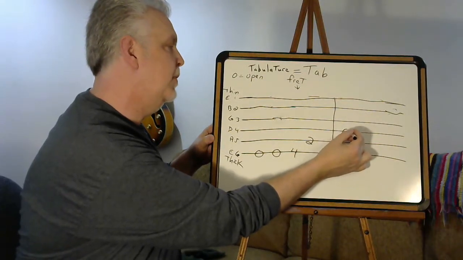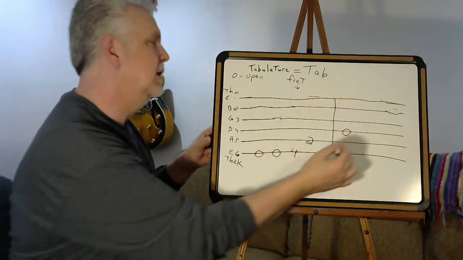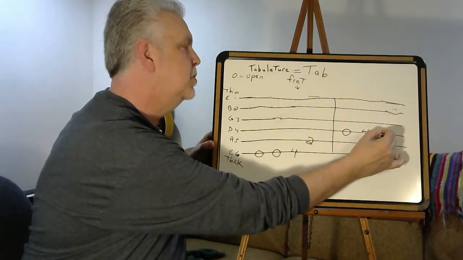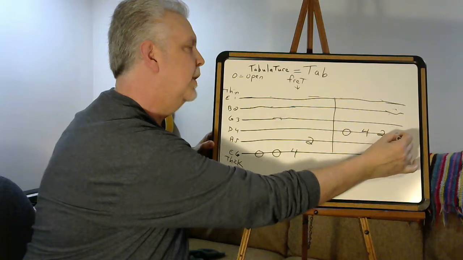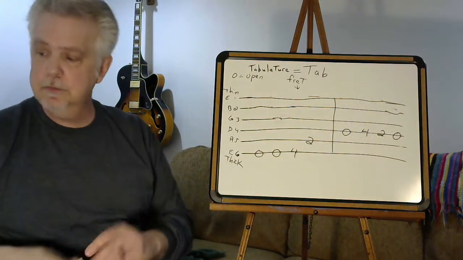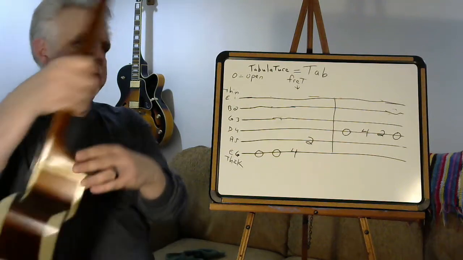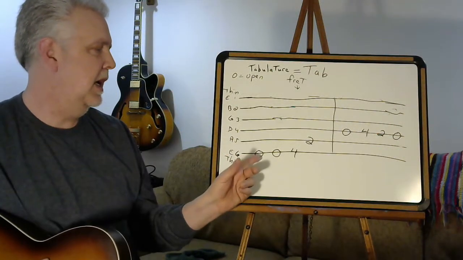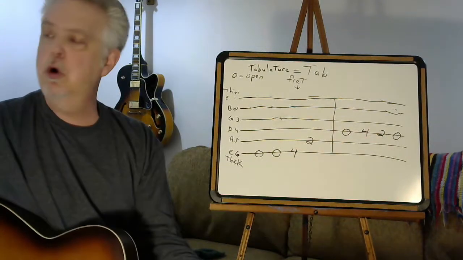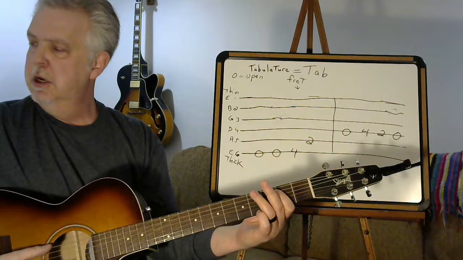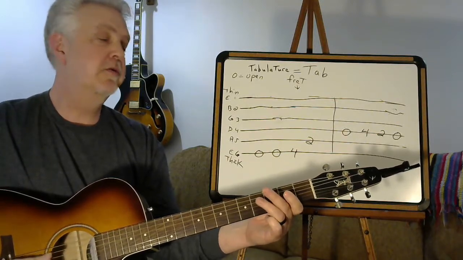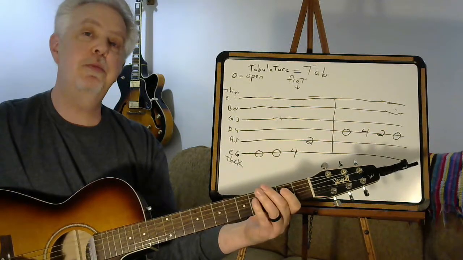Maybe I'll go open D string, 4th string. I'll put a 4 there, a 2, and an open. Those are all on my D string. So starting here, I got open, open, 4, 2, open, 4, 2, open.